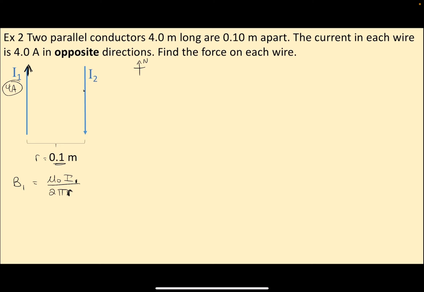So it's going in over here. This is the B field due to wire 1. The B field due to wire 1 would also come out on the other side of wire 1, but I care over here where wire 2 sits. So wire 2 actually sits in wire 1's B field. That means it experiences a force. And you could say the force that wire 2 experiences is given by this equation, I L B sine theta.